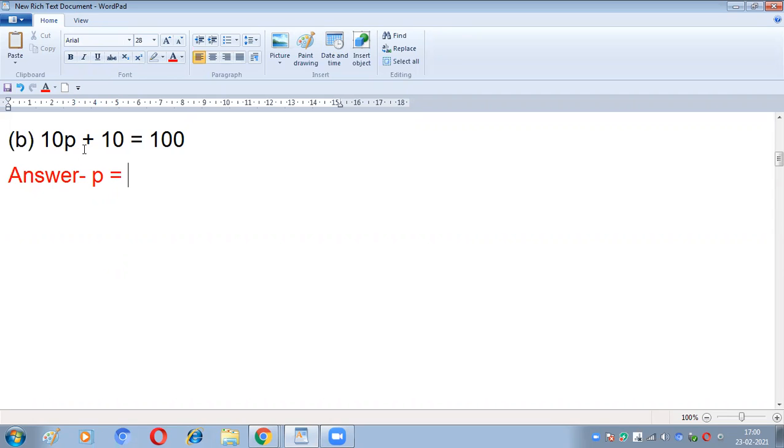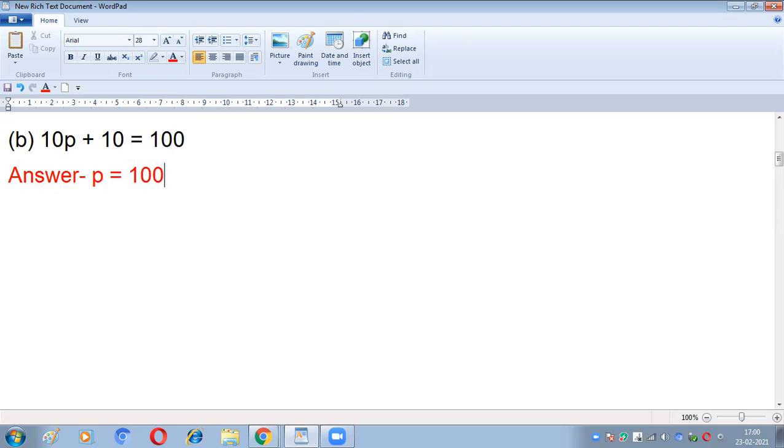First the plus 10 will move to the right hand side, and here is 100.